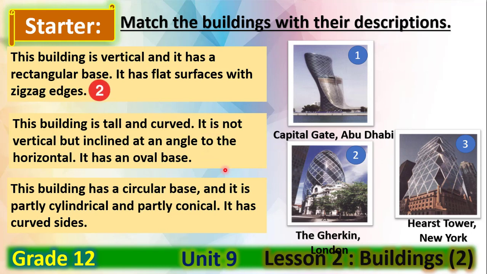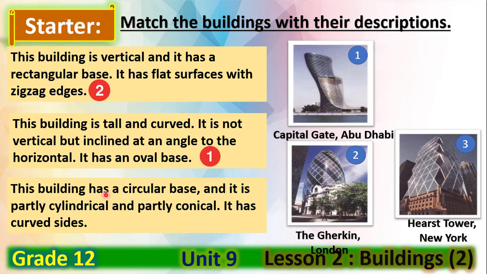Now let's move to the second description. This building is tall and curved. It is not vertical but inclined at an angle to the horizontal. It has an oval base. What do you think? Is it building number 1 or number 3? Great, it's building number 1. The last description.